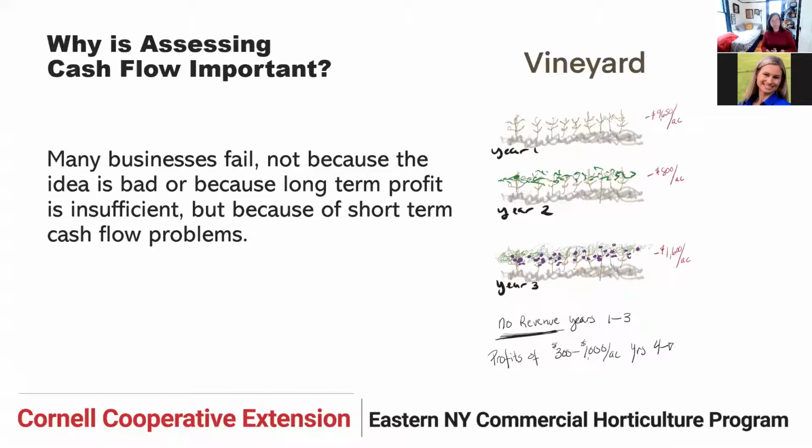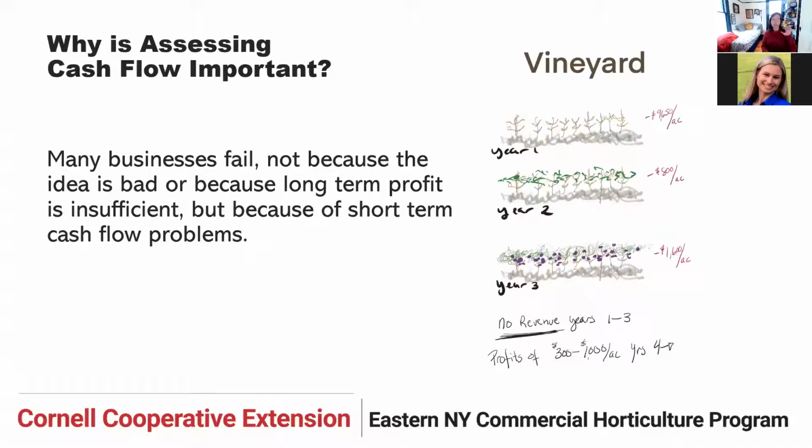You're not seeing any cash coming in. And so you've got no revenue for 3 years and a lot of outgoing money. In the long run, with a vineyard, you could see profits of $300 to $1,000 an acre going forward. But you've got to have enough cash to survive those first 3 years.